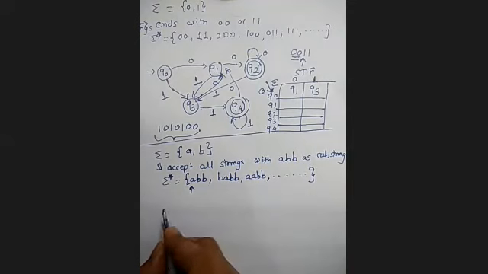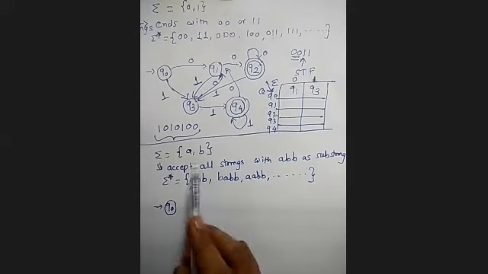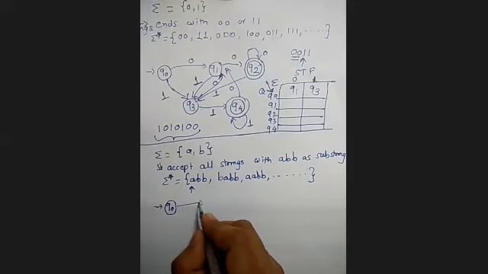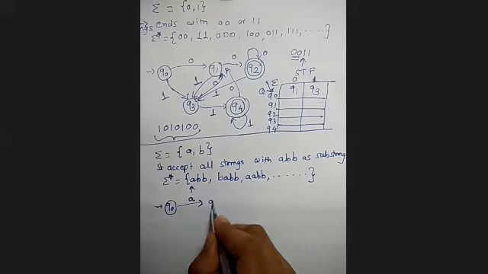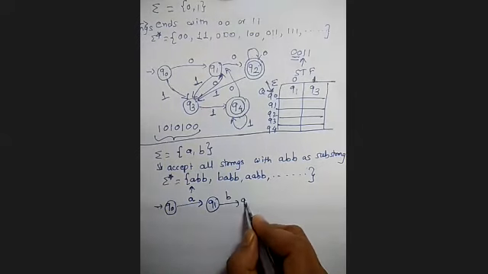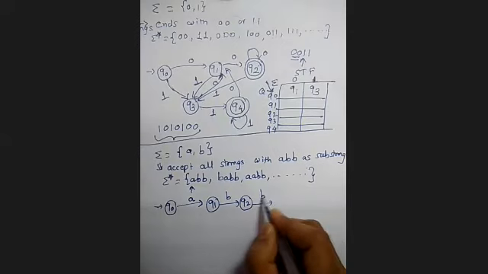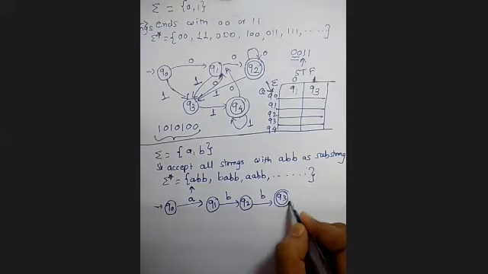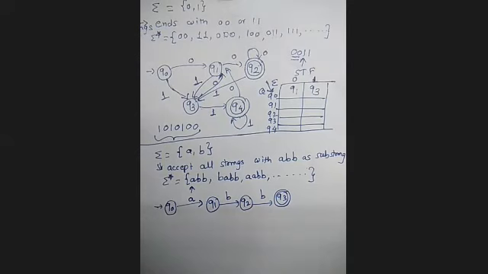Let us start now the design. Q0. Now what we have to do? We have to complete the transitions on A and B. So we know that we want ABB. Initially, to accept ABB, let Q0 on A go to Q1, Q1 on B go to Q2, and Q2 on B go to Q3, and let this be your final state. Is it clear up to here?